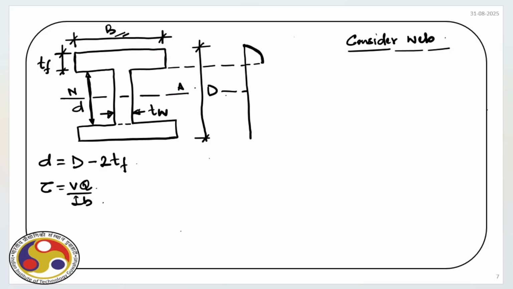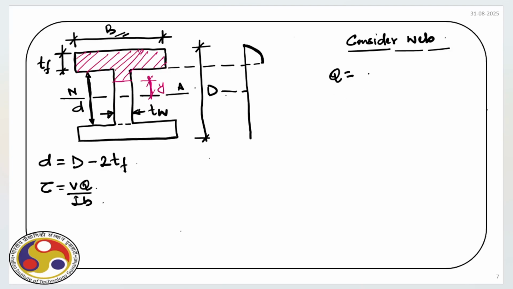So now we are here and this is y. So we'll consider the area above the line marked at a distance y from the neutral axis, and then for this line we are going to find out the Q first.